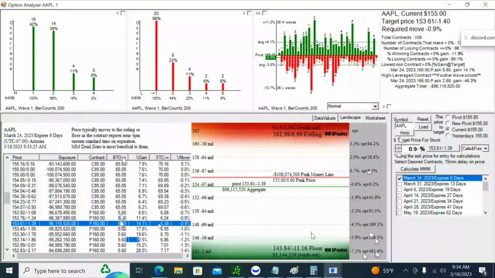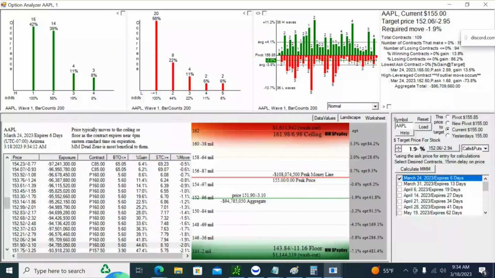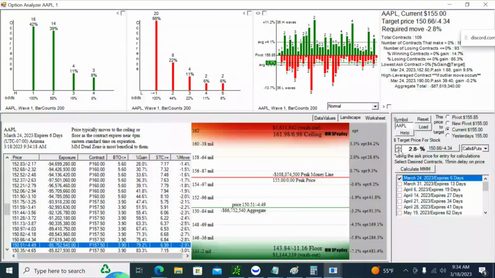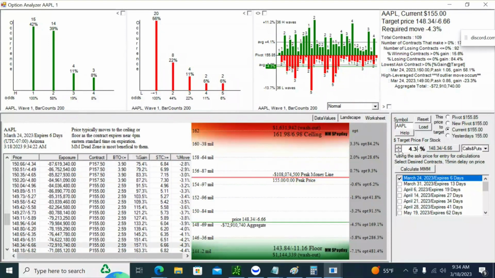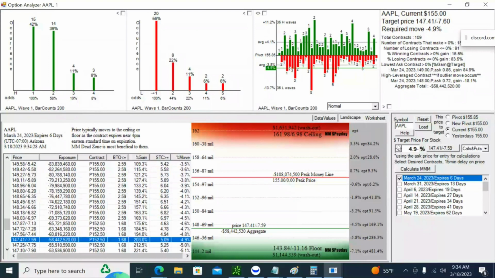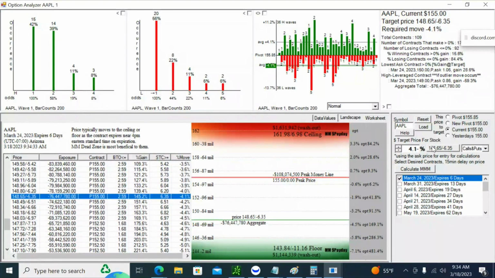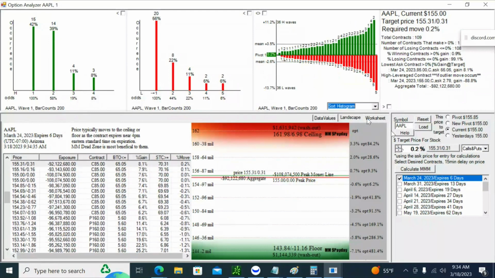So it's basically saying if we're moving up or down, those are the contracts that are achieving the gain as it moves through the price. And it's showing up here on the histogram where that is in relationship to, so you can kind of get an idea if it's running an outlier or not. As you go up and down, you can change it to sort histogram to see it easier.